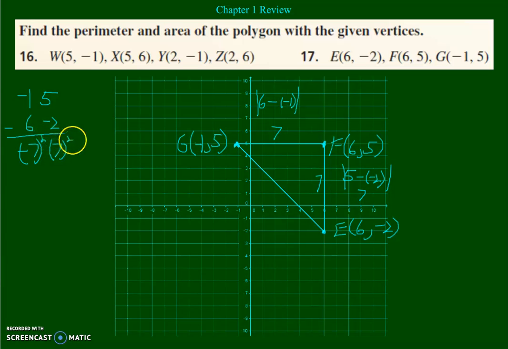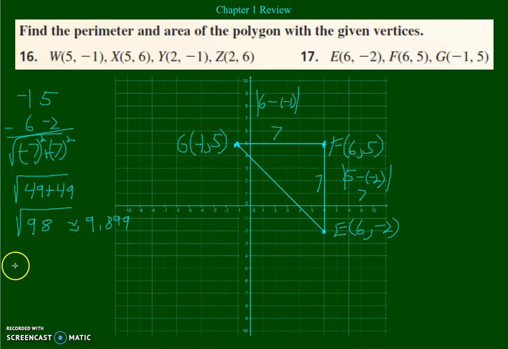SAS, square, add, square root. So then we have square root of 49 plus 49, which is square root of 98. And that's approximately 9.899.